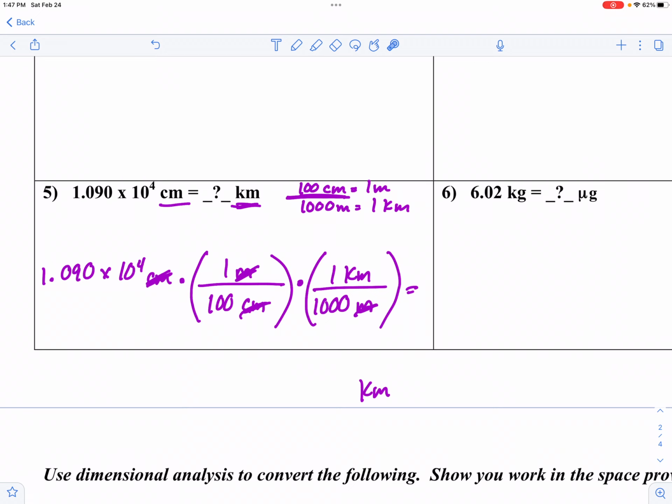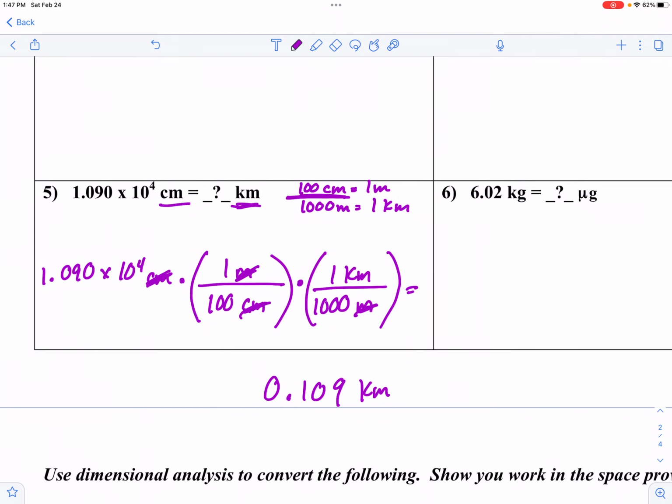So I got 1.090 times, I'm going to use my EE button, 10 to the 4th, and then times 1 divided by 100, and then times 1, and then divided by 1,000, and I got 0.109 kilometers.